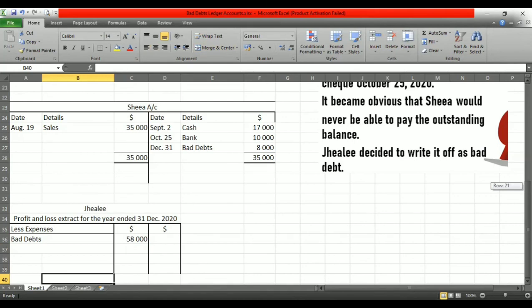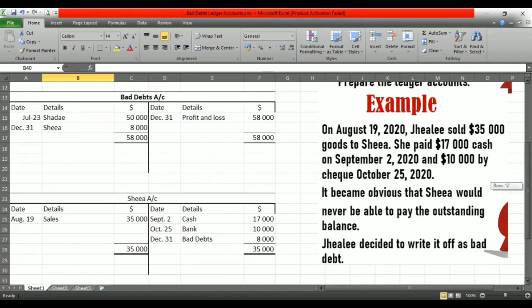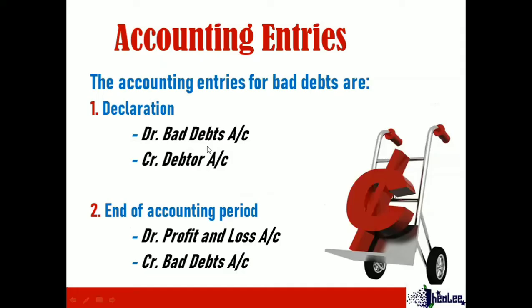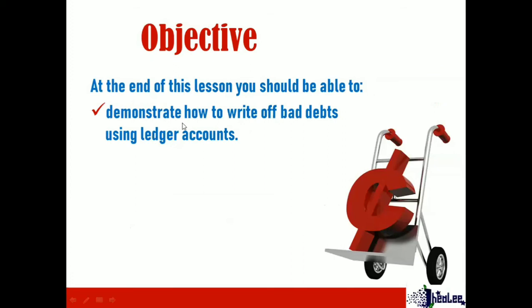At the end of the accounting period, you are to debit your profit and loss account, showing the total bad debt for the period as an expense, and you would credit the bad debt account because you're transferring all that value that is in your bad debt account, which is on the debit side, to the profit and loss account. So we can safely say that we have achieved the objective where you're to demonstrate how to write off bad debts using ledger accounts.